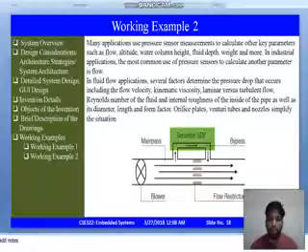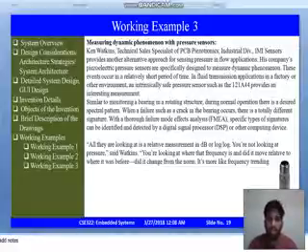In fluid flow applications, several factors determine the pressure drop that occurs, including the flow velocity, kinematic viscosity, laminar versus turbulent flow, Reynolds number of the fluid, and the internal roughness of the inside of the pipe as well as its diameter, length, and form factor. Orifice plates, venturi tubes, and nozzles simplify the situation.